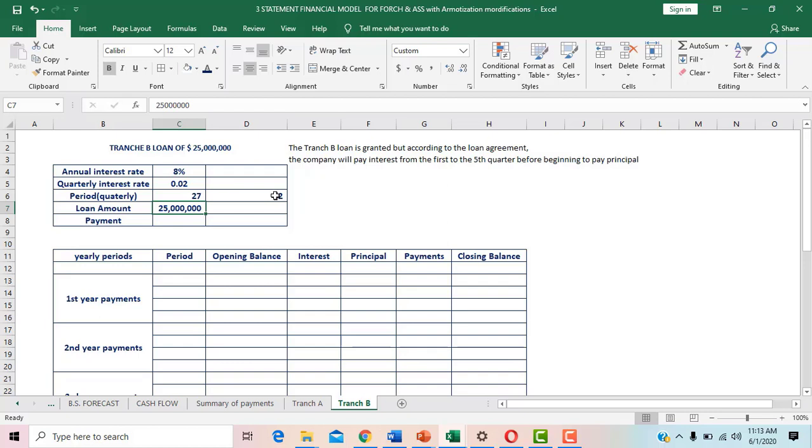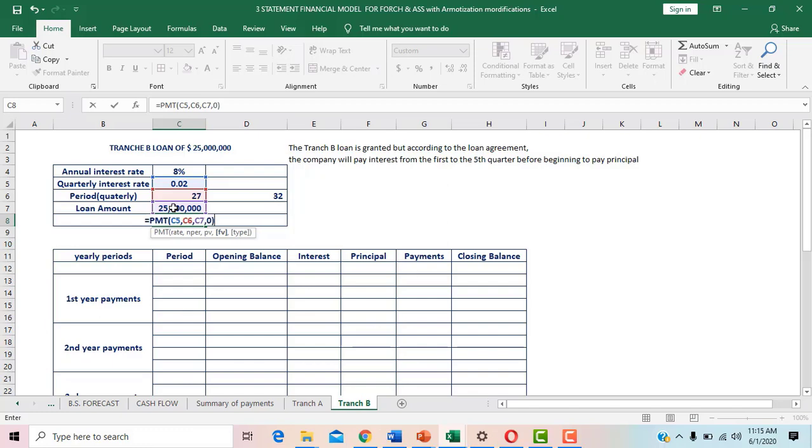Now, we can calculate the payment to be made for 27 periods, which is equal to payment. The rate we are talking about here is 0.02, the number of period is going to be 27 periods or 27 quarters, the present value is going to be $25 million, and the future value, that is, after the 27 period, we are supposed to have a future value of 0, meaning at this time, the company is expected to have liquidated the total loan of $25 million.